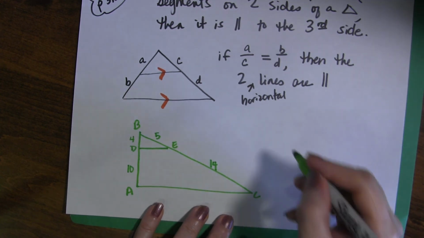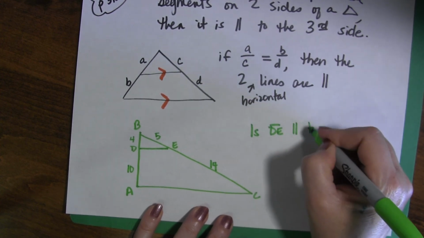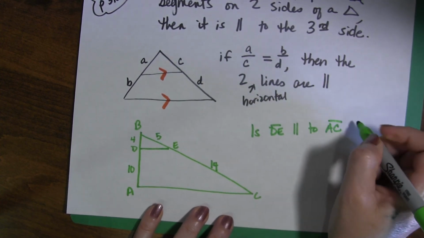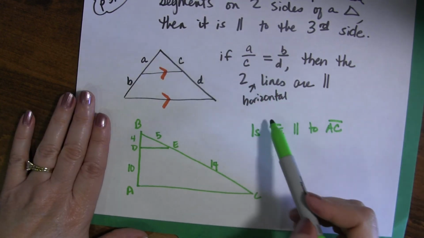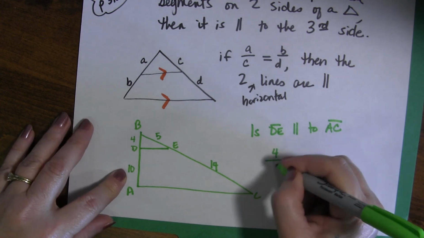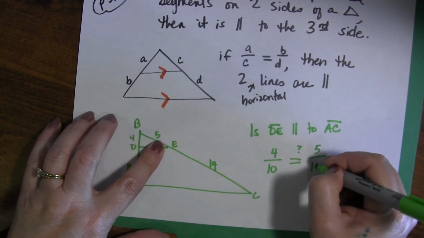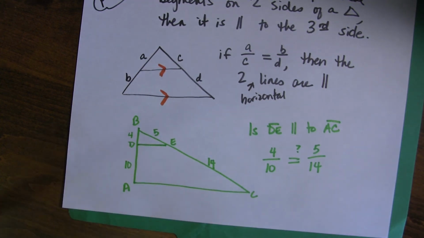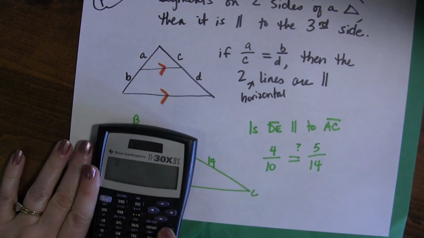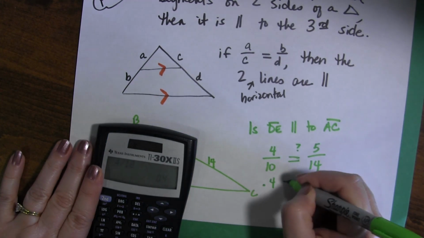Is DE parallel to AC? Well, if it is, then this ratio has to be true. So we'll do 4 over 10. Does that equal 5 over 14? Well, let's see. 4 divided by 10, isn't that going to be 0.4? I'm pretty sure, yeah, 0.4.